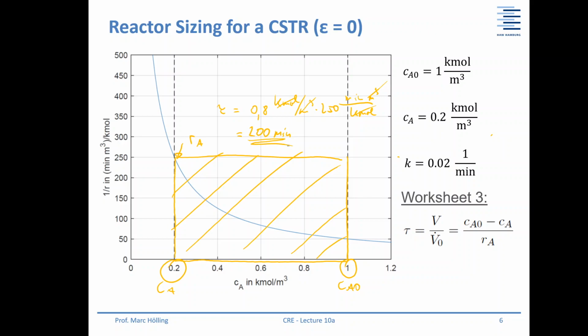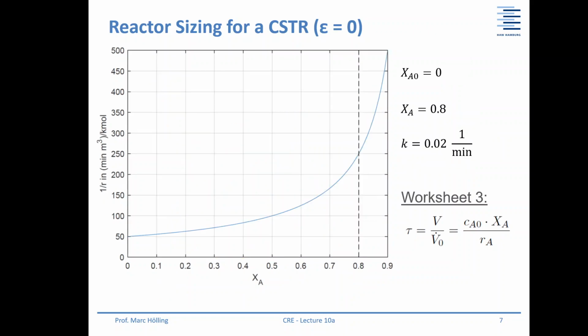The other option that I also showed you in worksheet 3 is that you can go for a plot where you have 1 over r again on the y-axis, but on the x-axis you have the conversion. You start your reaction with a conversion of 0, and if you calculate it, you will find that your conversion at the outlet should be 80%.